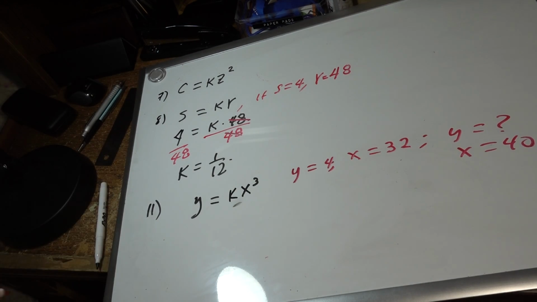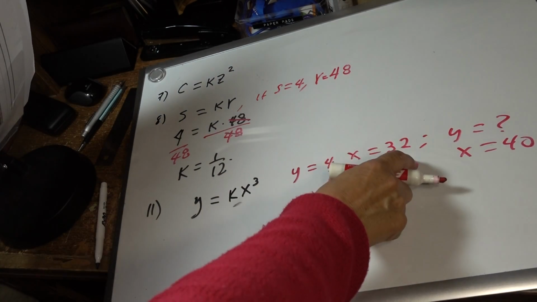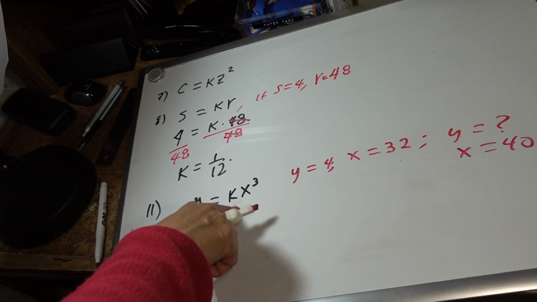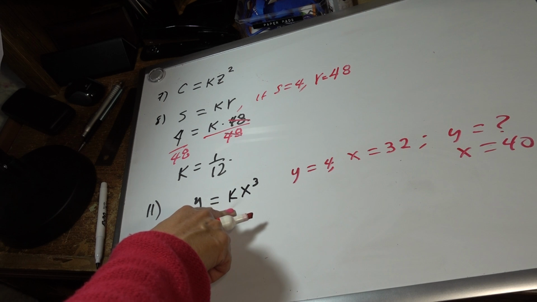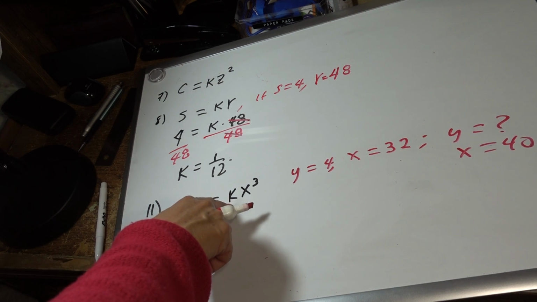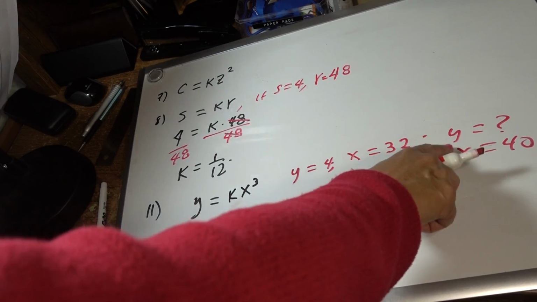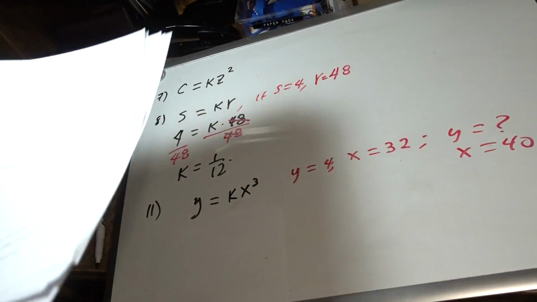So in this case we have to use these two values to find what the equation is, knowing what K is. Once you have the equation, you know what K is, you're going to use these values. We're going to plug in 40 where x is and find y. That's the process to solve these problems.